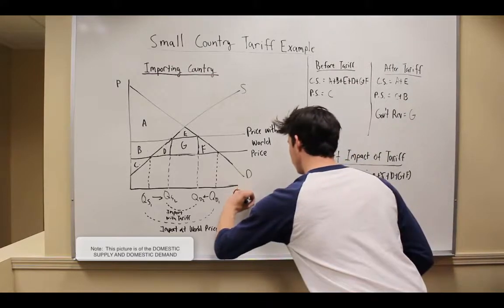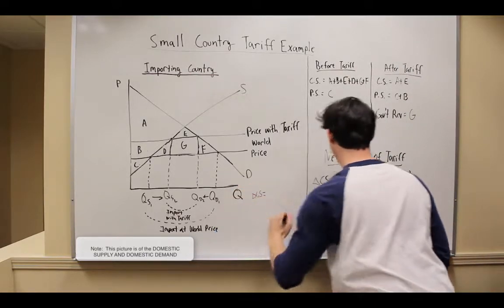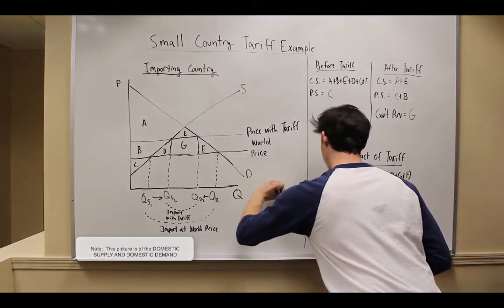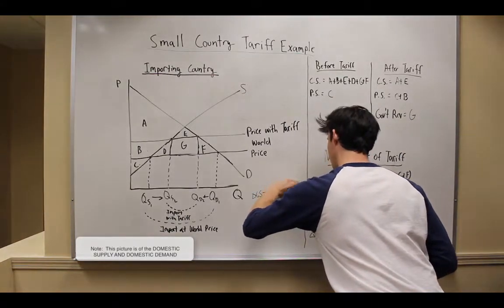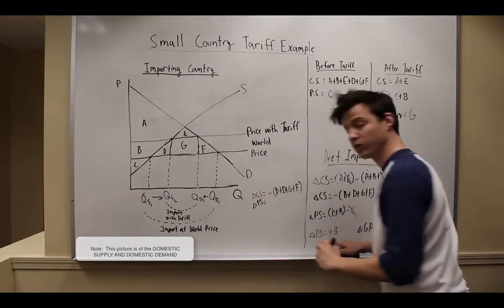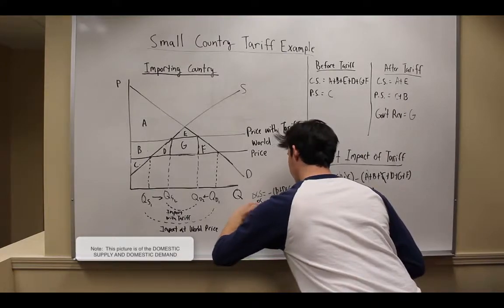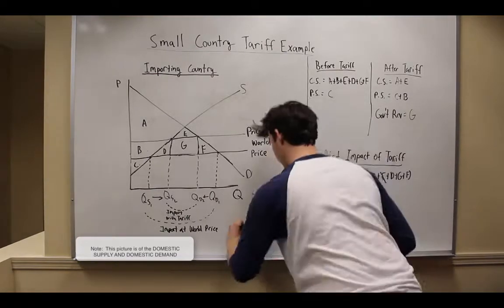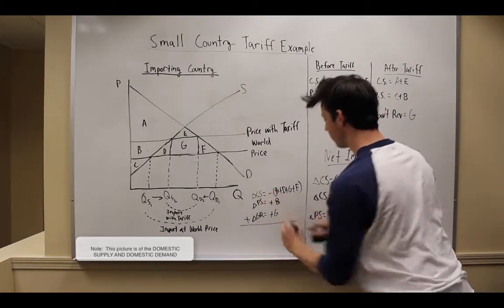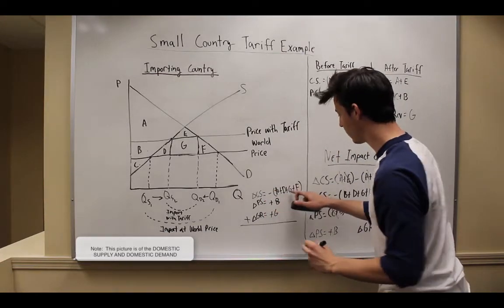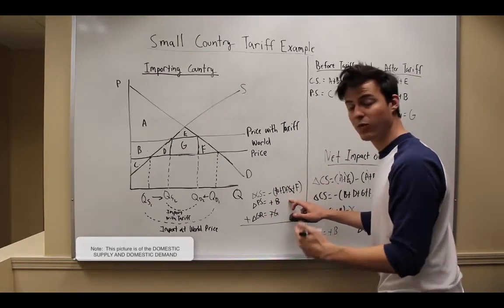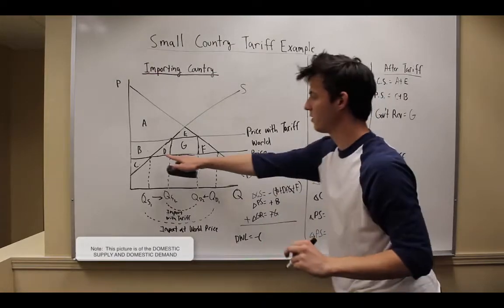We have our change in consumer surplus, which is equal to our negative values, B plus D plus G plus F. We have our change in producer surplus, which is positive B, and our change in government revenue, which is positive G. If we add these all together, we see that our B's cancel because we have a positive and a negative, as well as our G's, which means we're left with an overall deadweight loss of negative D plus F.